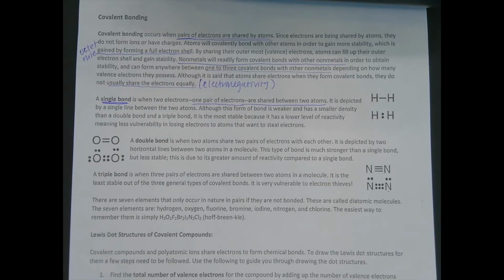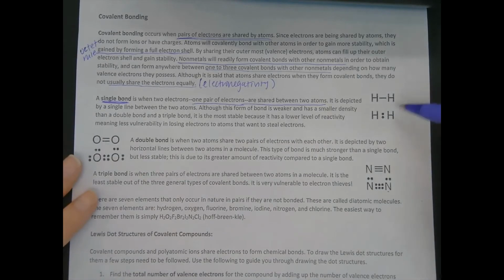It is depicted by a single line indicating a single bond between the 2 atoms. Although this form of bond is weaker and has a smaller density than a double and triple bond, it is the most stable because it has a lower level of reactivity, meaning it's less vulnerable in losing electrons.